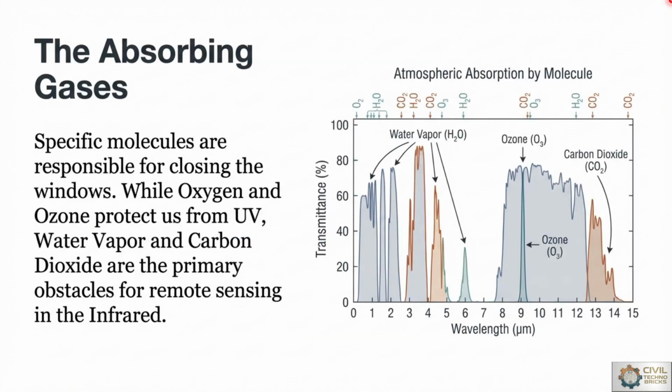Next, the most important point is the absorbing gases. Here we see atmospheric absorption by molecule, with wavelength against percentage of transmittance. The shortwave infrared atmospheric window occurs between 1.5 to 1.8 micrometer and 2 to 2.5 micrometer, where atmospheric transmission is relatively high.